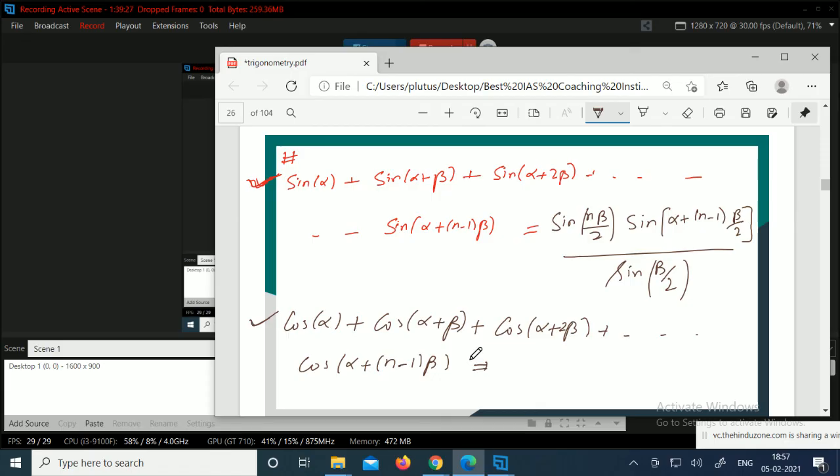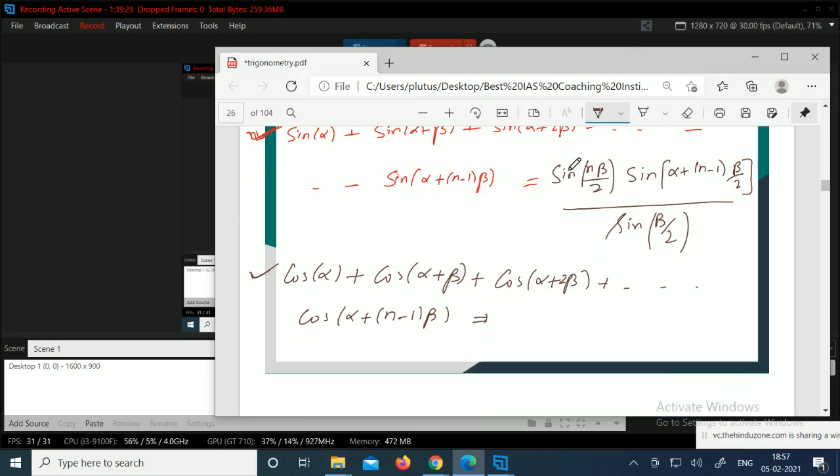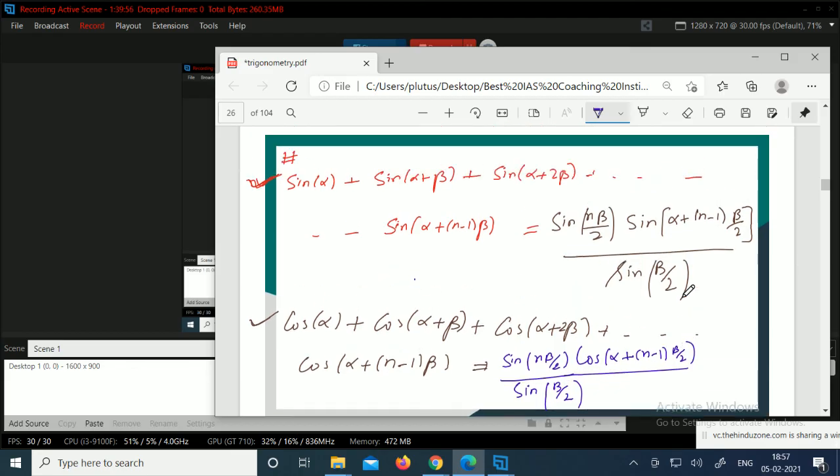So this expression is equal to this, and this factor is the same, sin(n beta by 2) upon sin(beta by 2), and this expression is converted into cos(alpha+(n-1)beta by 2). These two series are also important. So note down these two series. Yes, sir. Noted, sir.